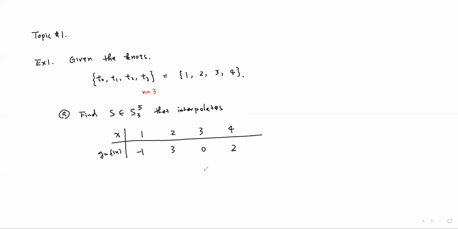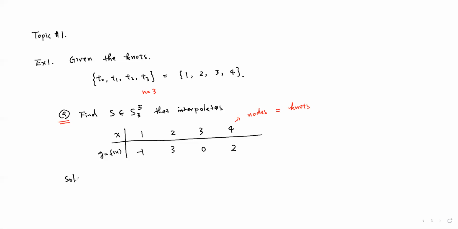Now in part A, the nodes and the knots are identical. In part B, the nodes and the knots are different. Then let me solve part A first.